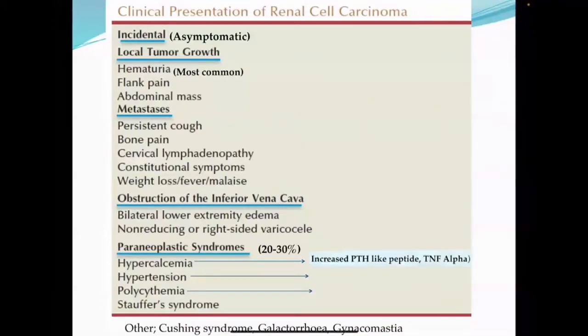One is hypercalcemia. So these cancer cells produce parathyroid-like substances. And you know what does parathyroid do? Parathyroid release calcium from bone such that it lead to hypercalcemia. Hypertension, because of excess production of renin from the cancer cell. And you know what is renin?